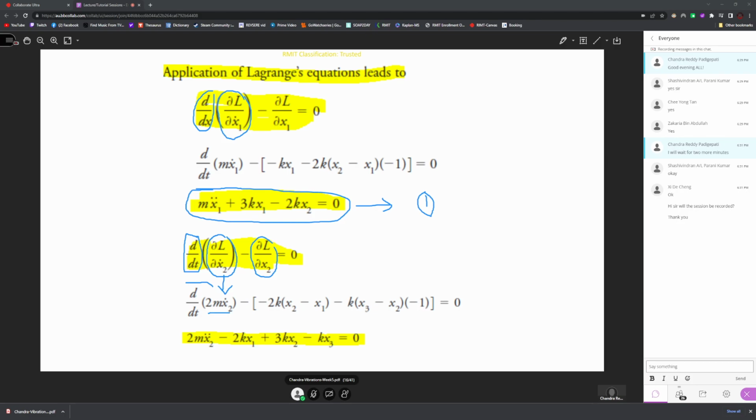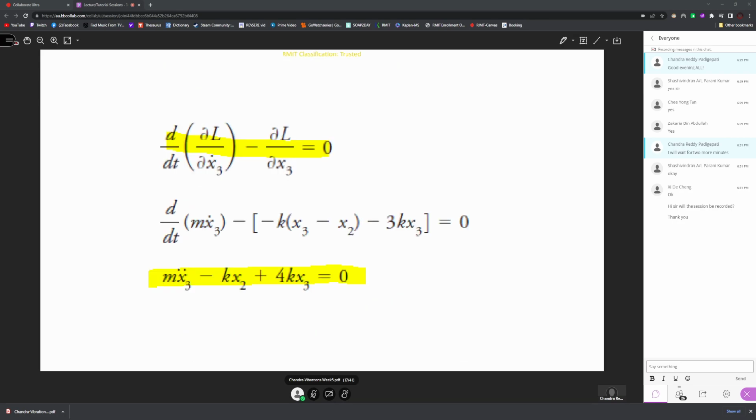If you take the full derivative, you get 2m x2 double dot, because 2m is a constant and the full derivative of x2 dot with t is x2 double dot. So you just apply this equation, do the partial differentiation and the total differentiation, and the resulting equation will give you the second equation of motion.